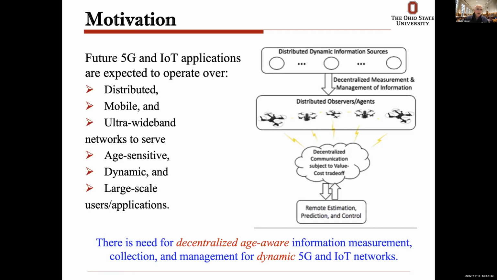So this motivates us to look into decentralized and age-aware mechanisms for controlling the various dynamics in these kinds of networks. I'm going to try to expand on a set of work that looks at different types of dynamics we have looked into.